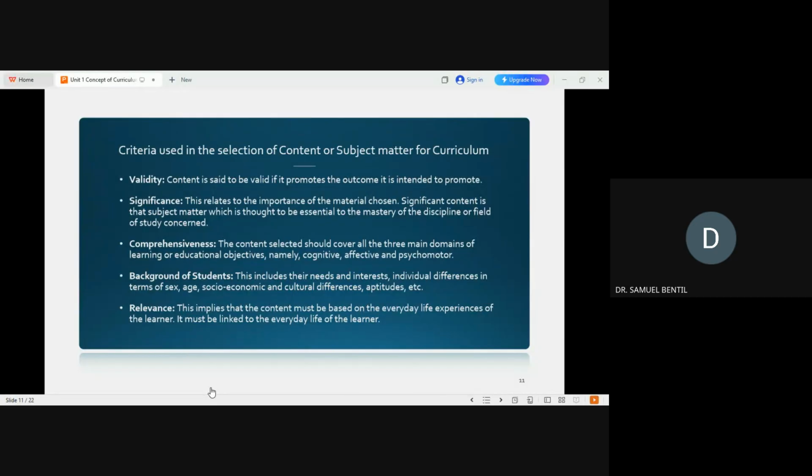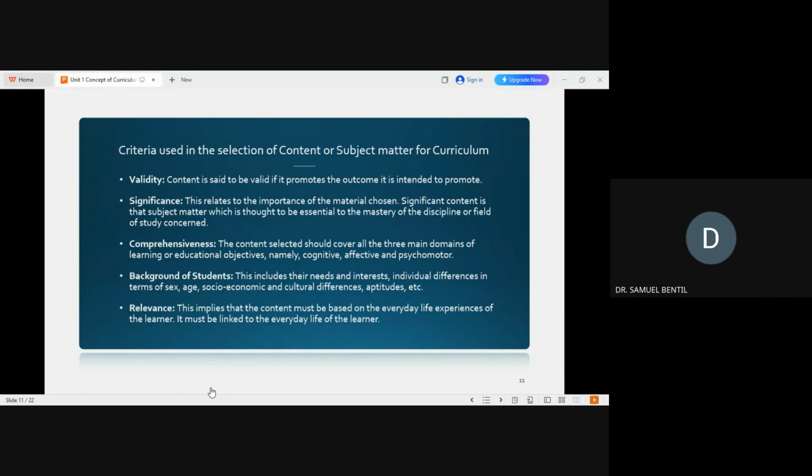Are you getting it? But in terms of the significance, we are talking about the importance of the material chosen. And the material chosen is in connection with the subject. For example, if it's geography, there are certain topics and content in geography that we can say is outmoded. Now we have 16 regions.